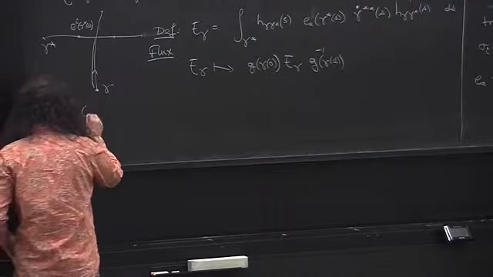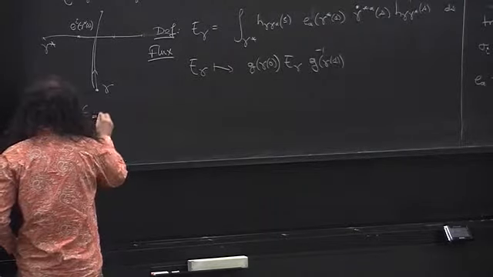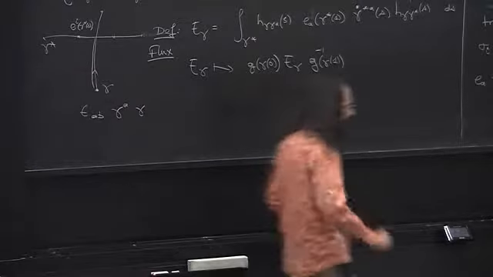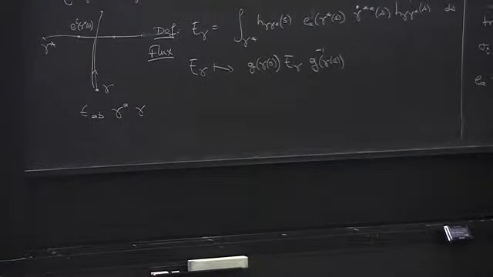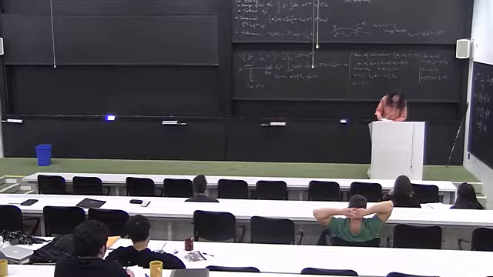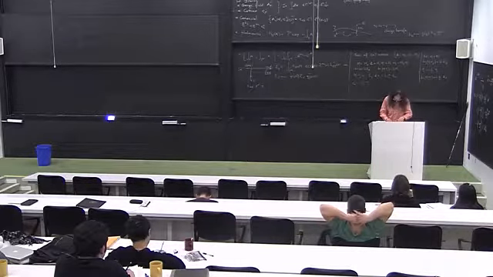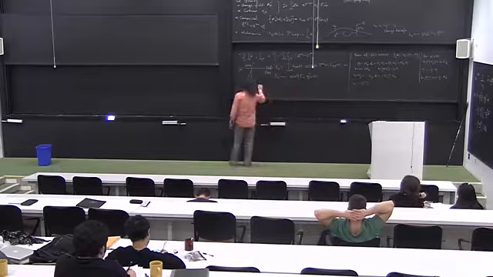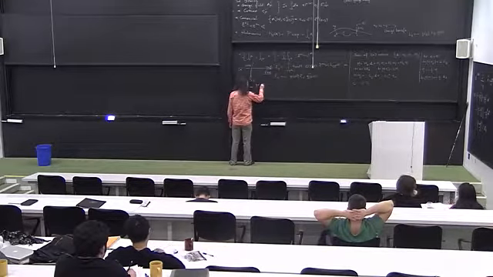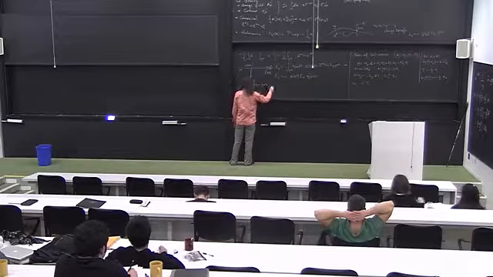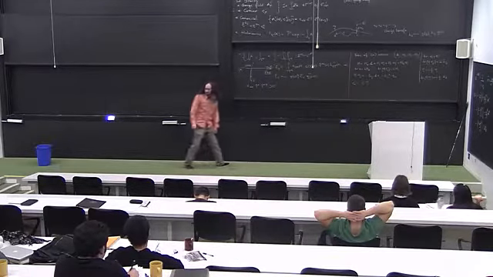So that means epsilon AB gamma dot A gamma star dot B is strictly positive.